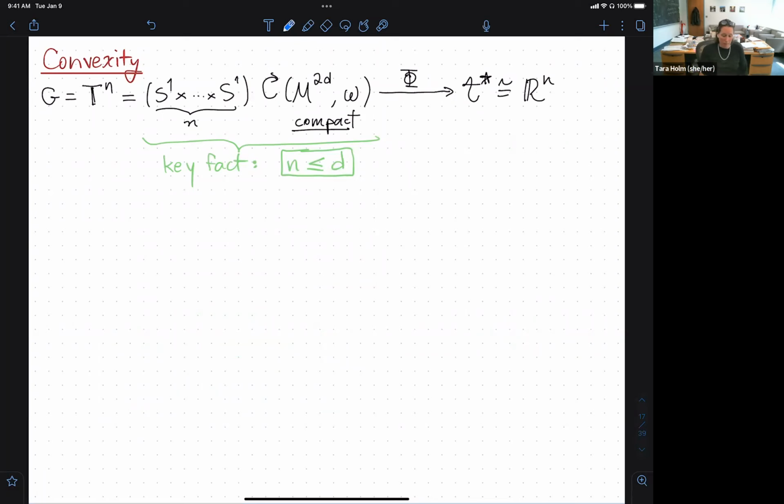That guarantees there can be at most half the dimension of the manifold many such commuting vector fields. So the torus has to be at most half the dimension of the manifold for such an action to exist. I'm assuming this action is effective, so no positive dimensional subgroup is acting trivially.